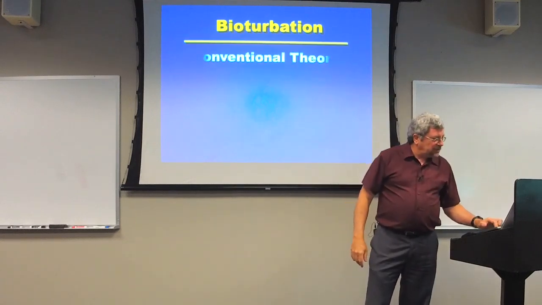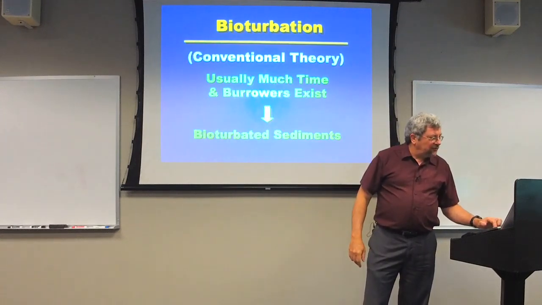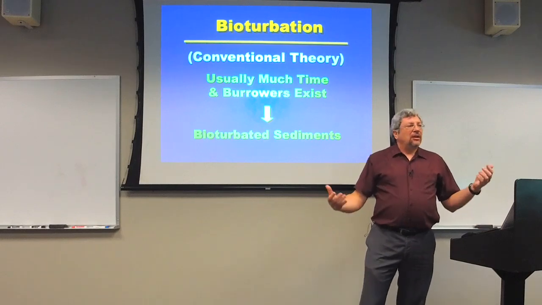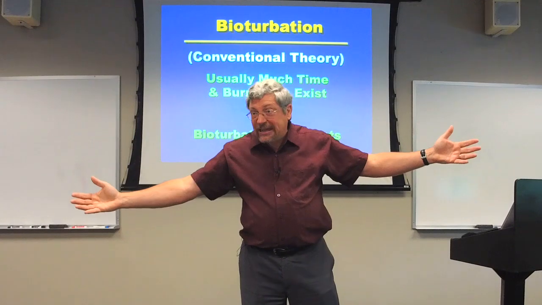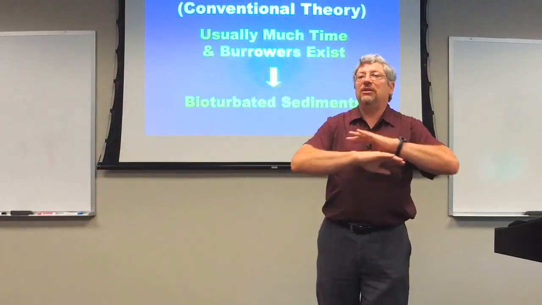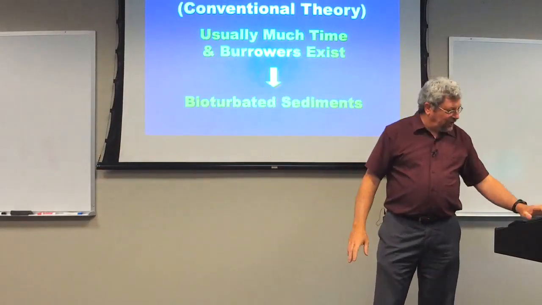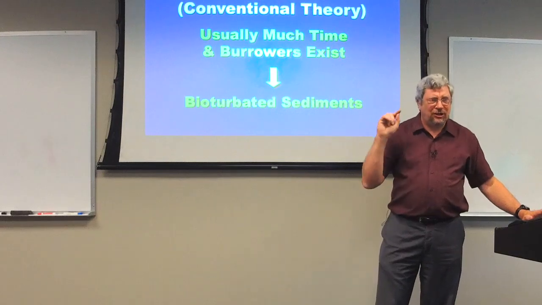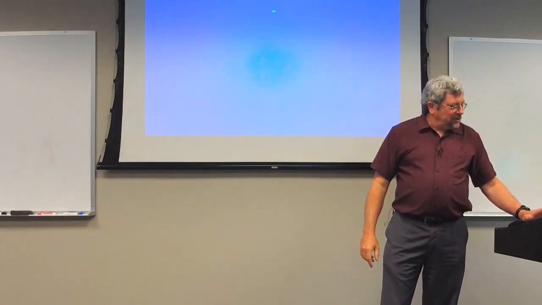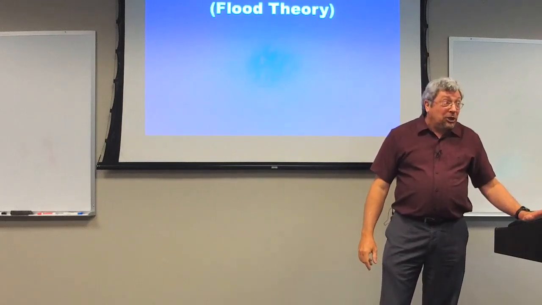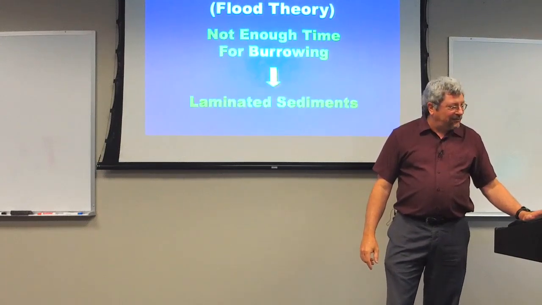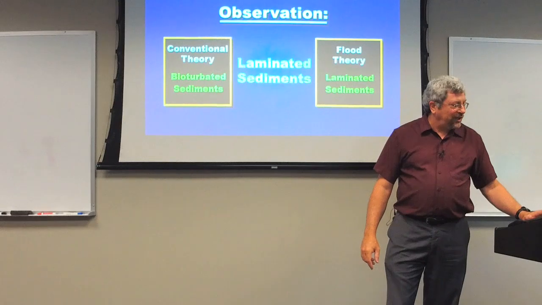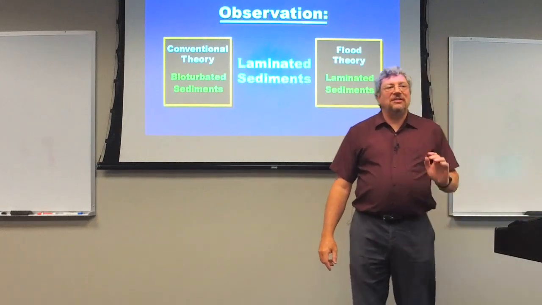So you would expect that in conventional theory, most of the sediments of the world should be heavily bioturbated. Basically no lamination found in any sediments, especially shale, because the little critters love digging in the mud. And in flood theory, you would expect laminated sediments, and what you actually find is that laminated sediments dominate.